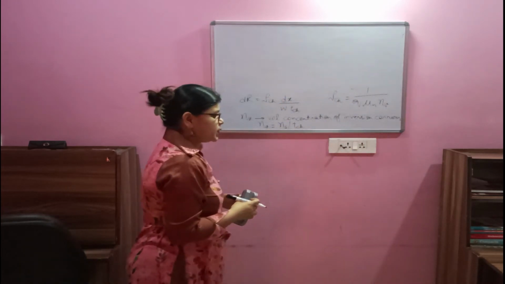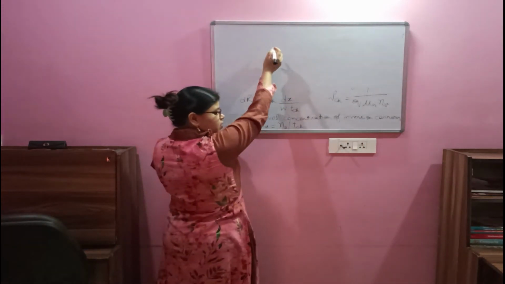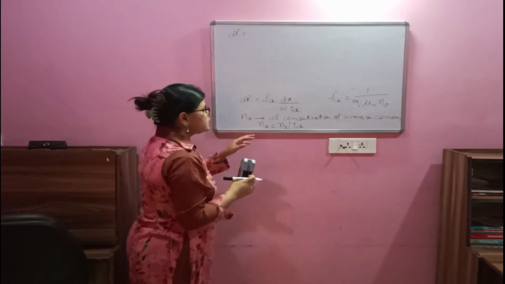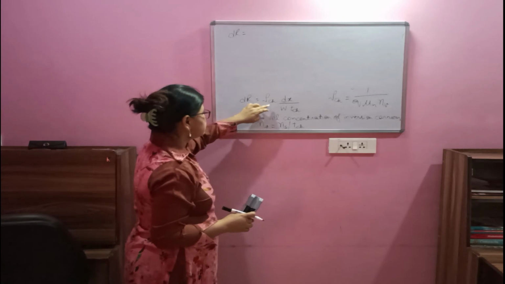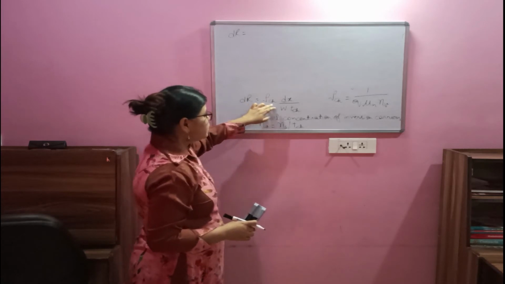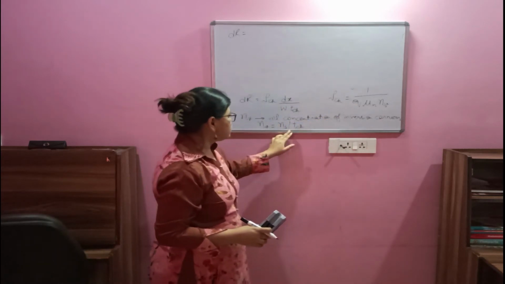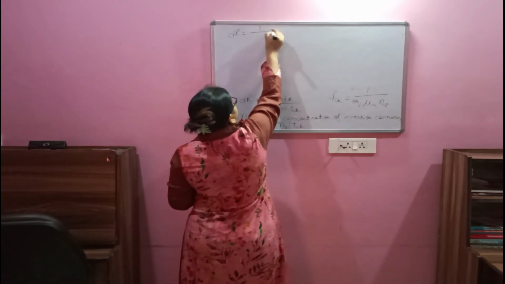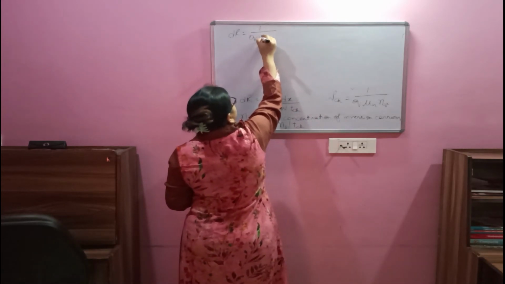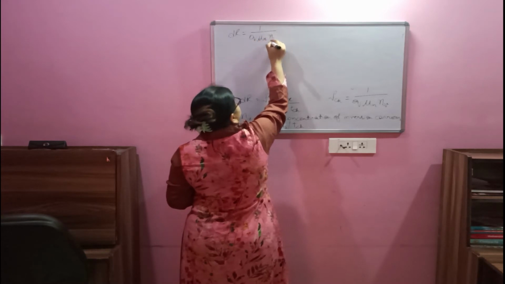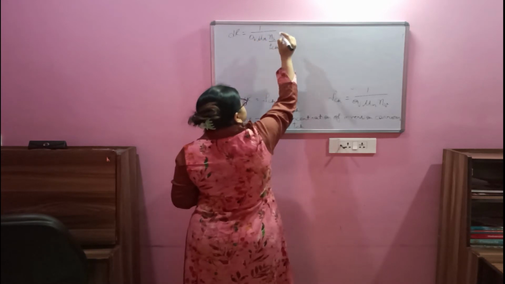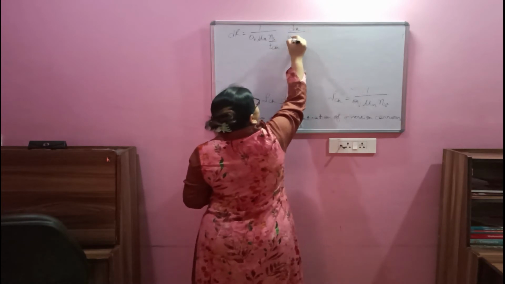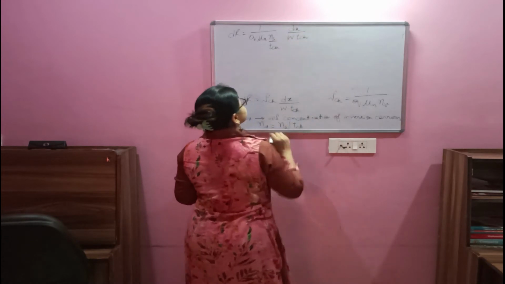So now see how I can write this again. Replacing rho by this and NV by NS by TCH, I'll be writing it as 1 upon q mu n NS by TCH into dx upon W into TCH. Fine.